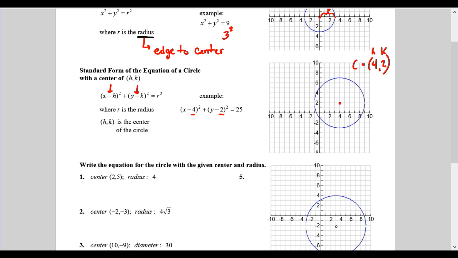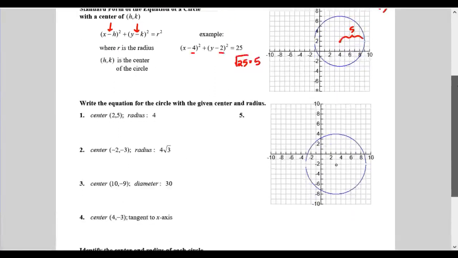So when we're plugging in h and k, they are the opposite. Just like before, when we did quadratics, it's going to be the opposite of those values. Okay? Questions there? And then again, if I square root 25, the square root of 25 is 5. So the radius from the center is 5. Okay? Questions so far?